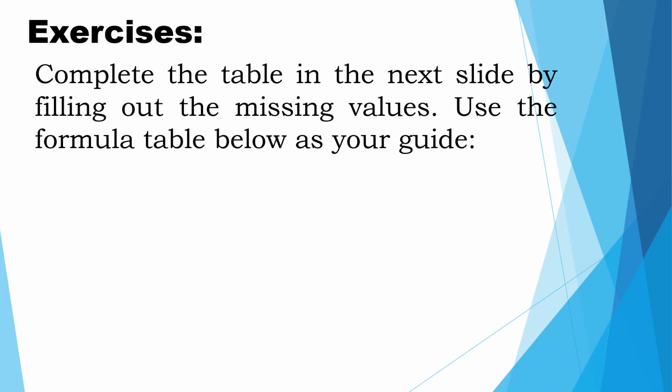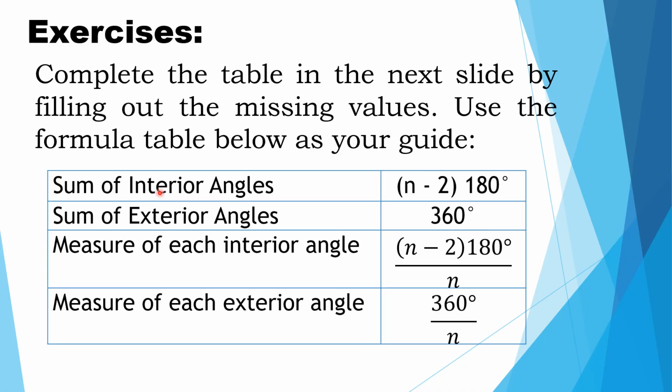Let's try to answer the exercises. Complete the table in the next slide by filling out the missing values. Use the formula table below as your guide. Sum of the interior angles is equal to n minus 2 times 180 degrees.